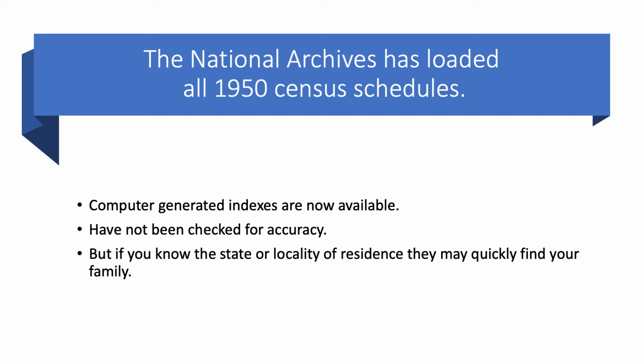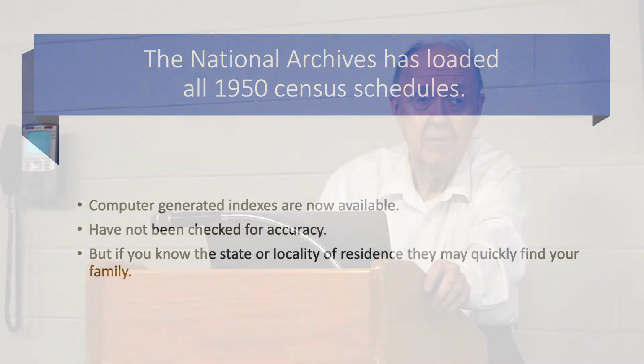Okay, we'll start with the National Archives. The National Archives has loaded all 1950 census schedules. So if you go to their website, you'll see them. They have computer-generated indexes, which are now available, but the computer-generated index, which they call mechanical indexing, they have not been checked for accuracy yet.